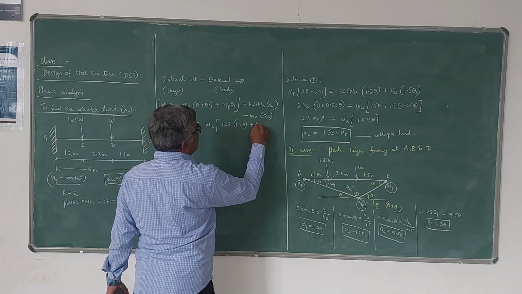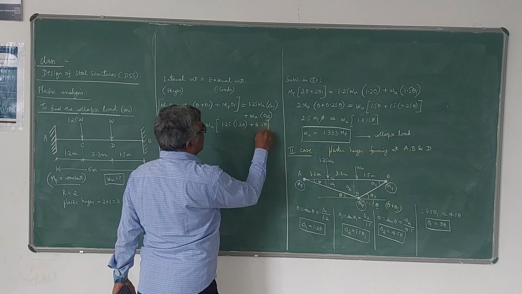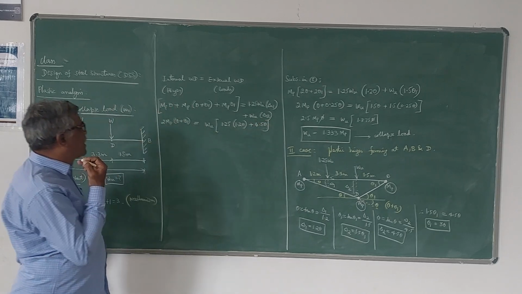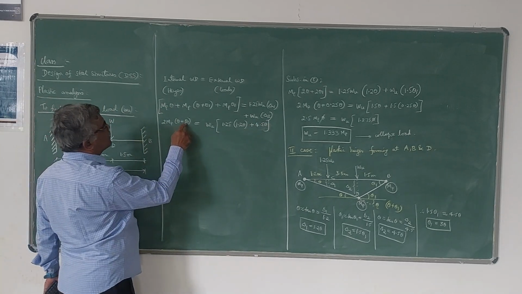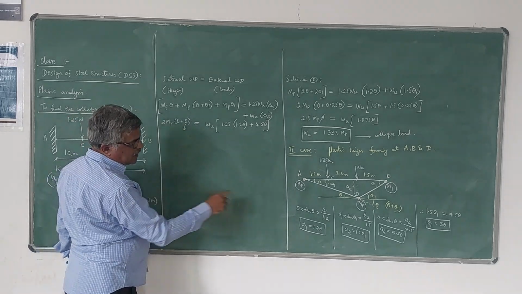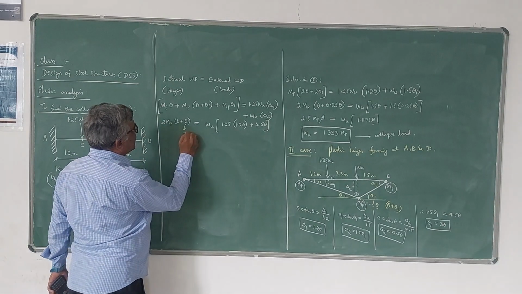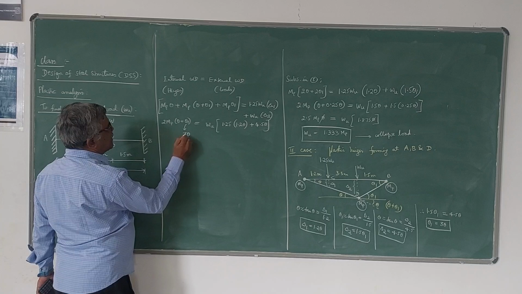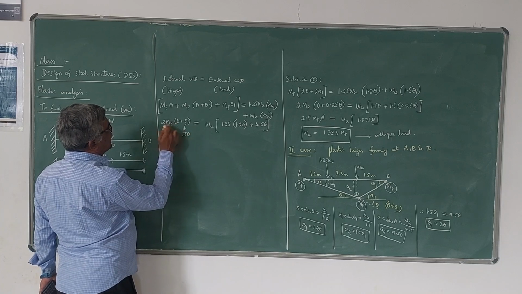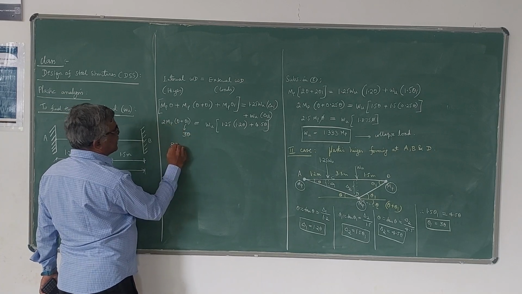So everything will be in terms of theta, so that we can cancel the theta. Here also for theta 1, you have to put it as 3 times theta. Therefore 3 theta plus theta is 4 theta, 2 times 4 theta is 8 theta.